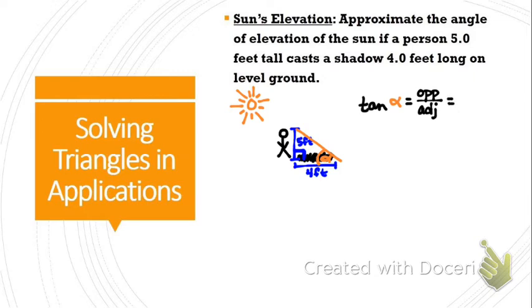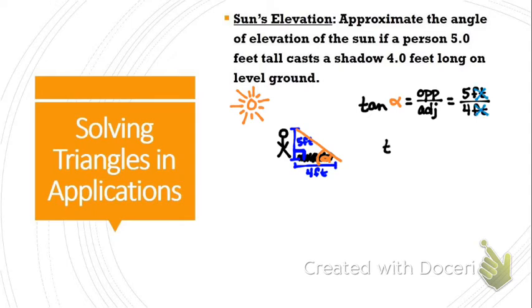How big is my opposite side? 5 feet. How big is my adjacent side? 4 feet. Do you notice anything that's going to simplify there? Five over 4 won't simplify at all. What else is part of those expressions? Feet. Feet divided by feet would be? Nothing. Cancels out. It becomes a 1.